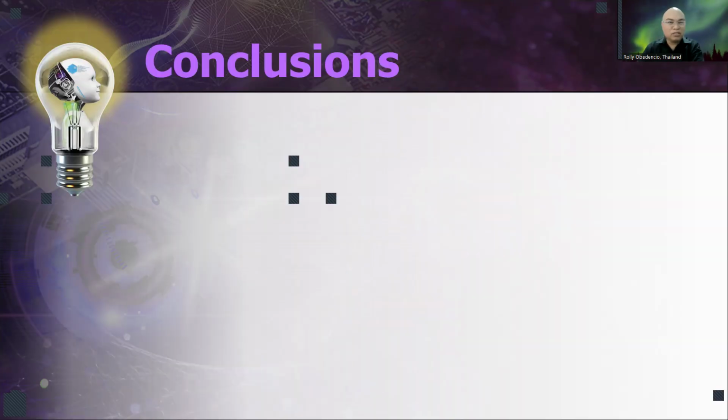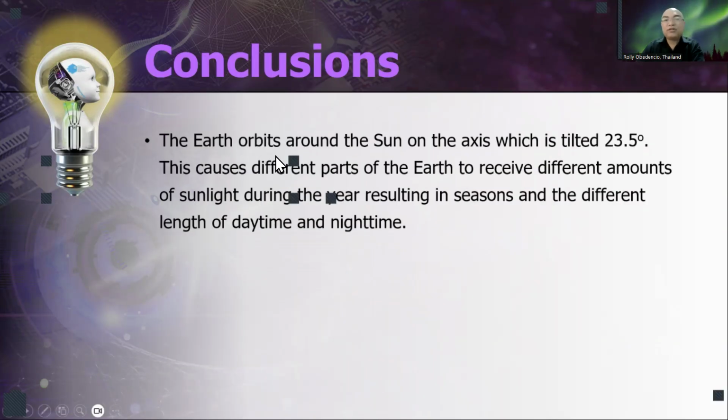Now let us go to the conclusions. The Earth orbits around the Sun on an axis, which is tilted how much? 23.5 degrees. Sorry, I didn't mean 24 hours a day.